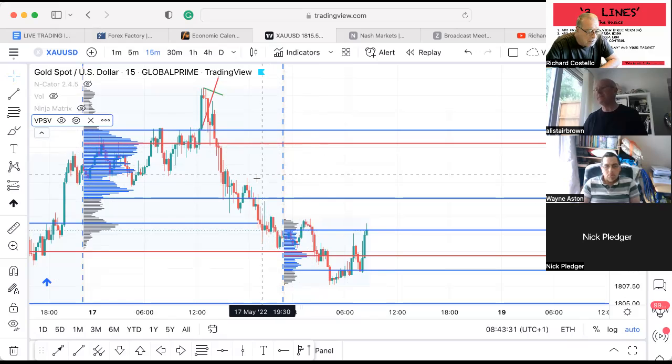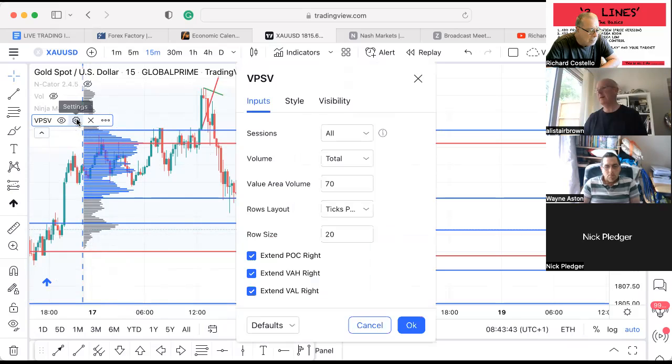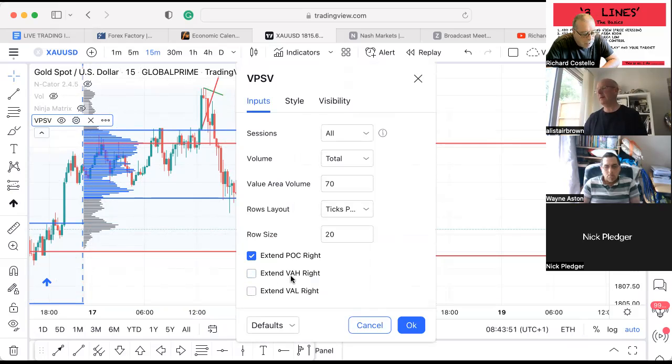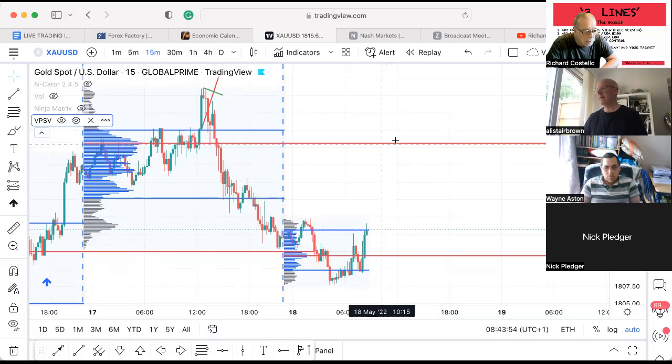I've started doing something slightly different in that I think there are too many lines there, well, I get easily confused, and so I try and reduce that confusion by getting rid of the extended value area high and value area low, and I just leave the extended POC. And it's also reduced the number of lines.